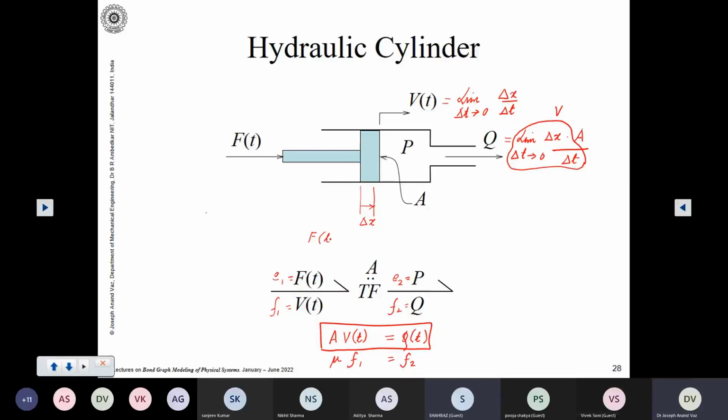This relationship between force and pressure at the time t is directly just mu multiplied by effort. So it is just effort 1 is equal to mu into effort.